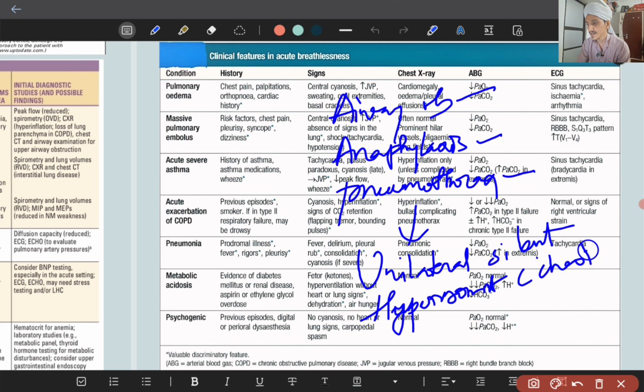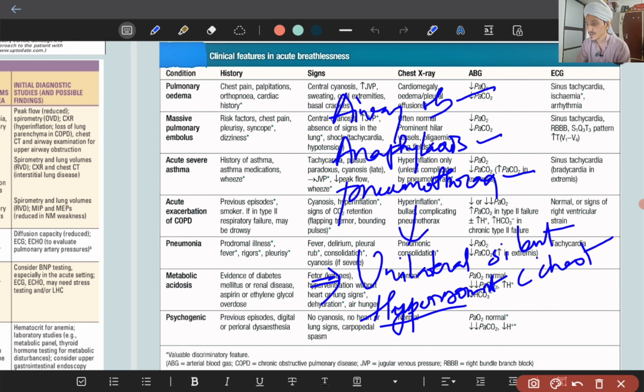This will be the finding in unilateral pneumothorax. Unilateral means one side, silent means there will be no breath sounds at that side. Hyperresonant means that when you percuss the area, it will be hyperresonant. So a unilateral silent chest with no breath sounds and hyperresonance indicates pneumothorax.